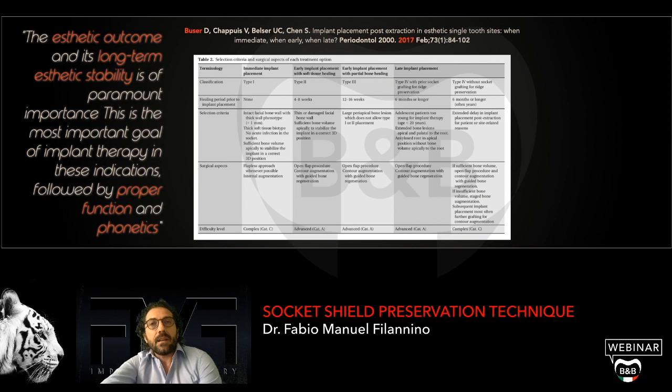I'm very happy to use this technique because, compared to the other GBR techniques or socket preservation techniques, for me this is the best way to maintain the initial architecture of the bone and the soft tissue of the patient in a natural way. We'll see later how it works.